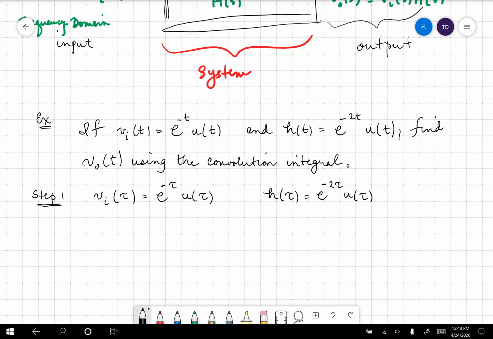The only reason we have to put a tau in there is because we're doing this integration. We want our answer to be in terms of the time domain. We want the t in the time domain, so we just use this dummy variable to do our integration. That's the only reason we do that. So now we have two choices. Regardless of which choice we use, we're going to need to know what is either this or this.